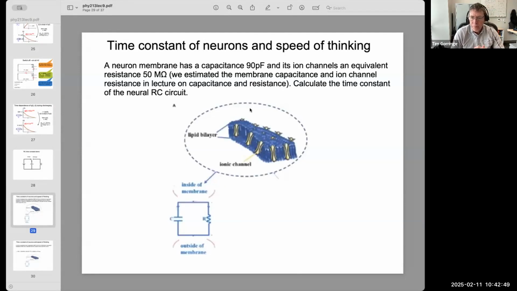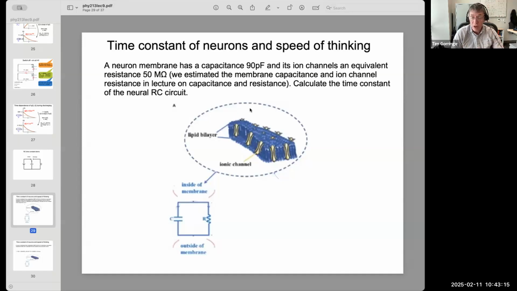We're told in this problem that we've got a cell, actually it's a neuron, and as you know more than I, a neuron or a cell has a membrane with a fluid inside and outside, and there are ion channels, pores, holes through the membrane. We've in previous classes talked about the fact that that membrane can be thought of as a capacitor.